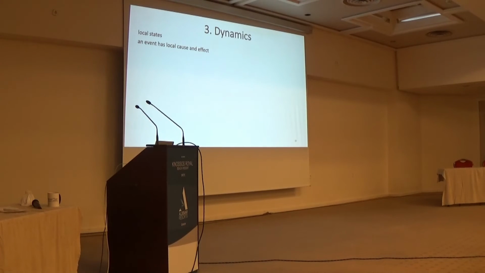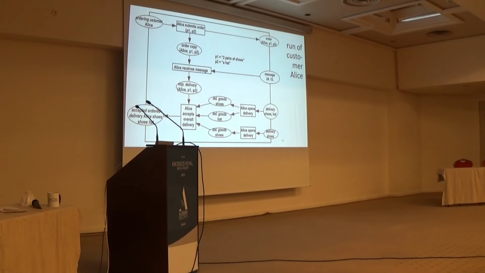So, dynamics. Now it's important to point out how we can speak about dynamics without speaking about global states. We have local states, and that means an event has local cause and effect. And usually an event affects only very few things. This is an example which maybe is too big now.